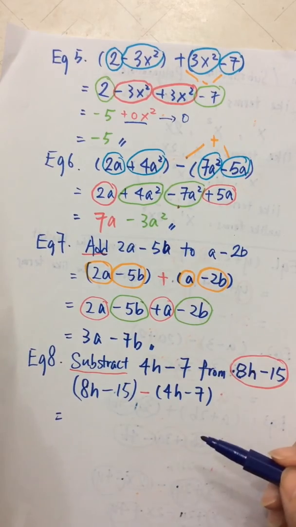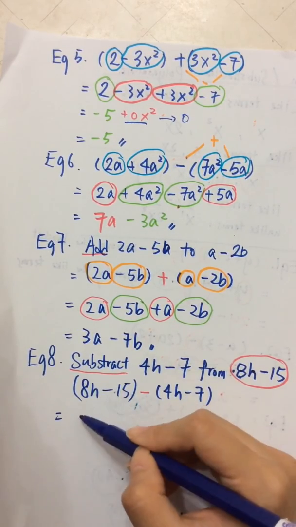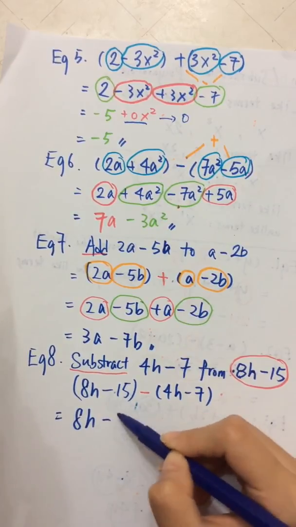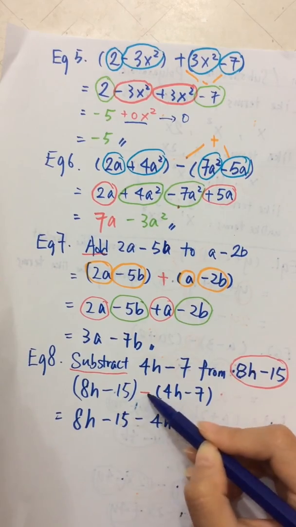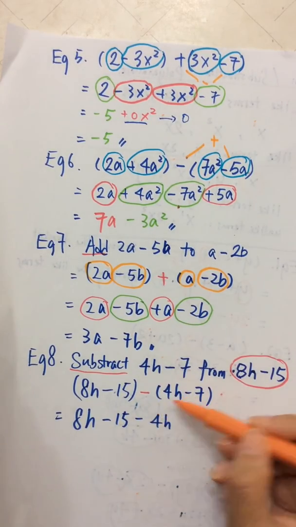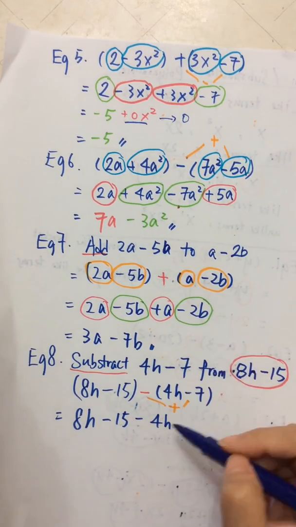If you remember the rules, just remove the bracket, and I will show it faster. Remember, negative becomes positive, okay? So it becomes positive 7.